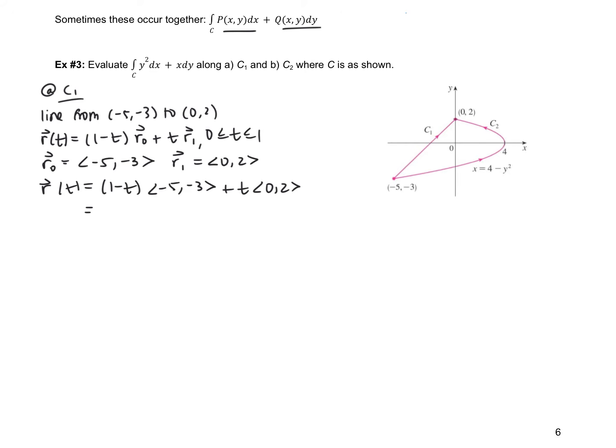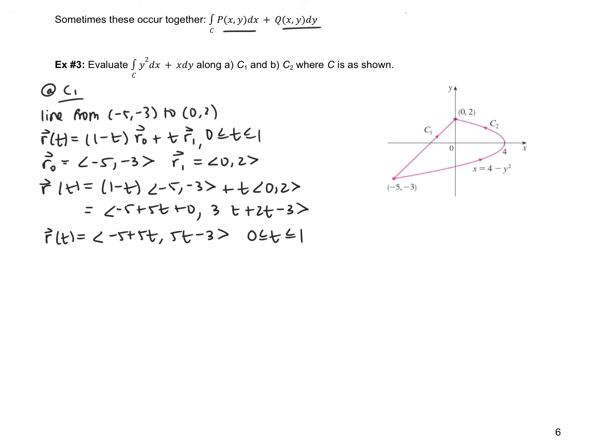And so to simplify this, we get -5, add 5t, add 0, and 3t, add 2t, subtract 3. So then that first curve is -5, add 5t, 5t subtract 3, where t is between 0 and 1.